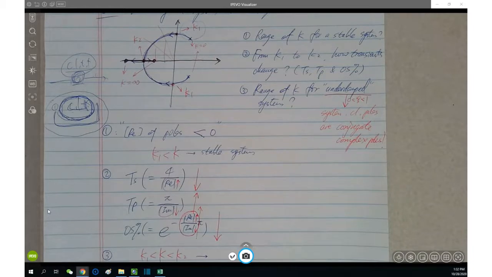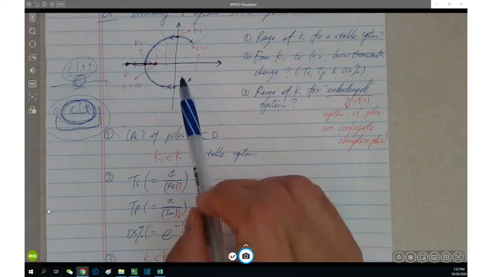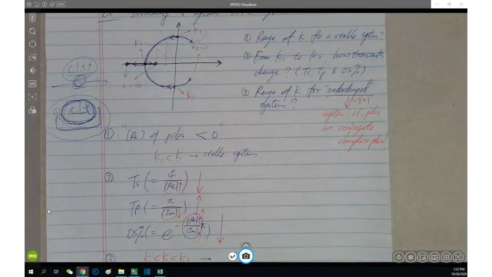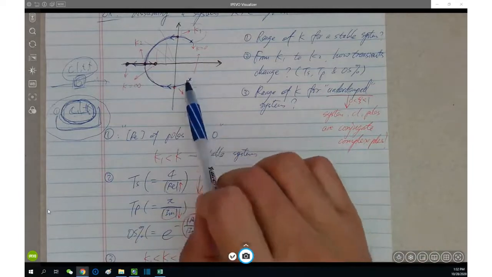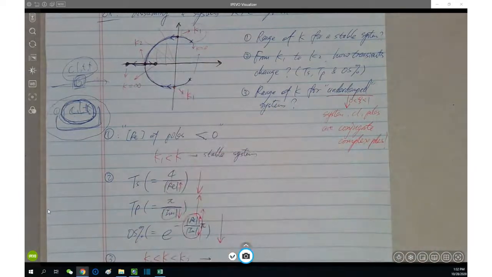Okay, you still need that open loop transfer function to sketch this root locus for the closed loop transfer function. And when you program in MATLAB, it's the same thing. You are using the open loop transfer function. If you use the closed loop transfer function to plot the root locus, that is not right.